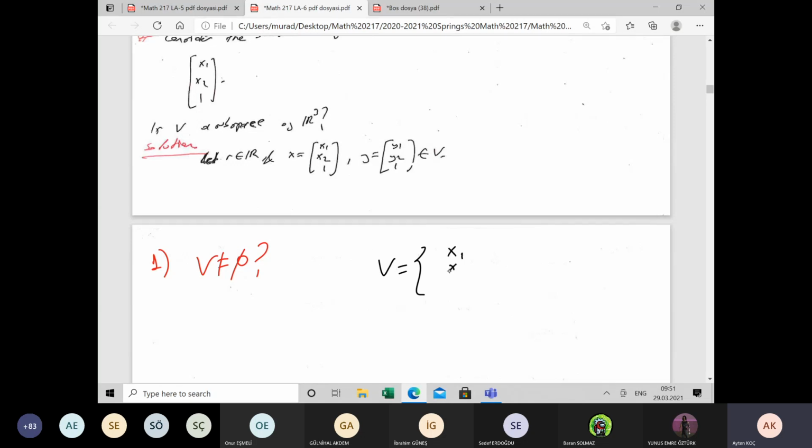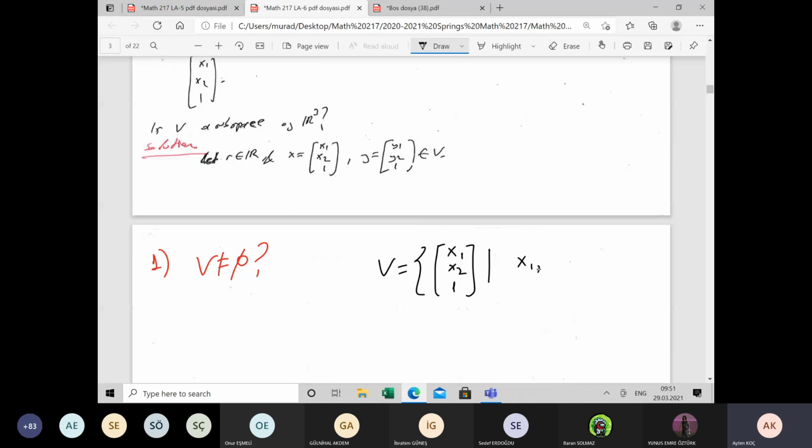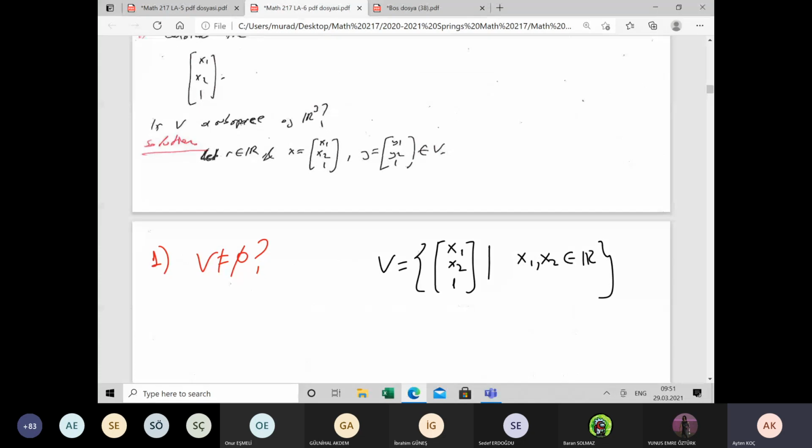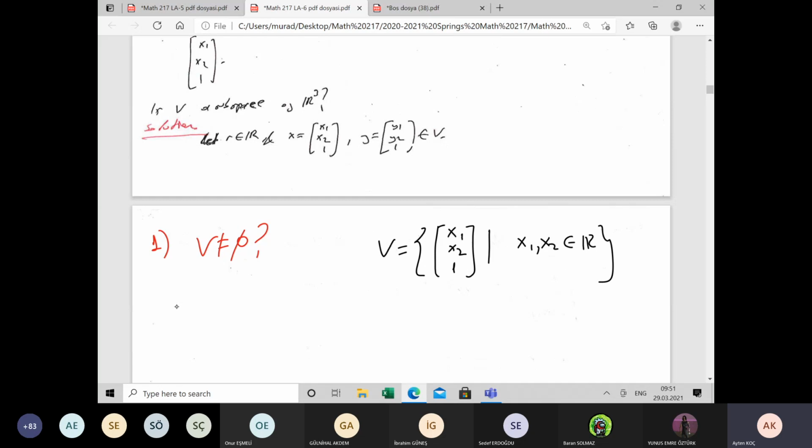It contains x1, x2, 1, and it consists of the vectors such that x1, x2 are real numbers. Our aim is to check whether V is a subspace or not. So is this non-empty?